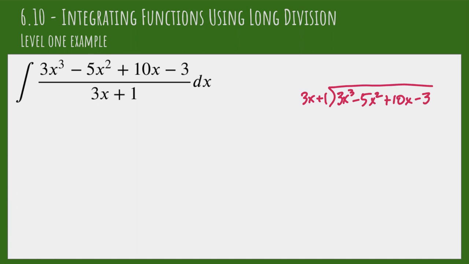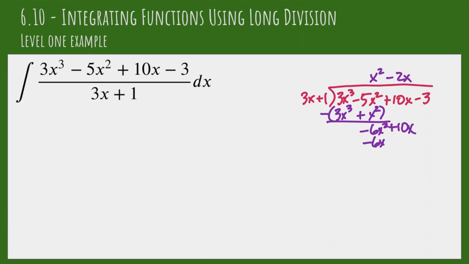So 3x goes into 3x cubed, x squared times, so just 1x squared. So we get 3x cubed plus x squared, subtract, and negative 5x minus x squared is negative 6x squared plus 10x. 3x goes into negative 6x squared, negative 2x times.